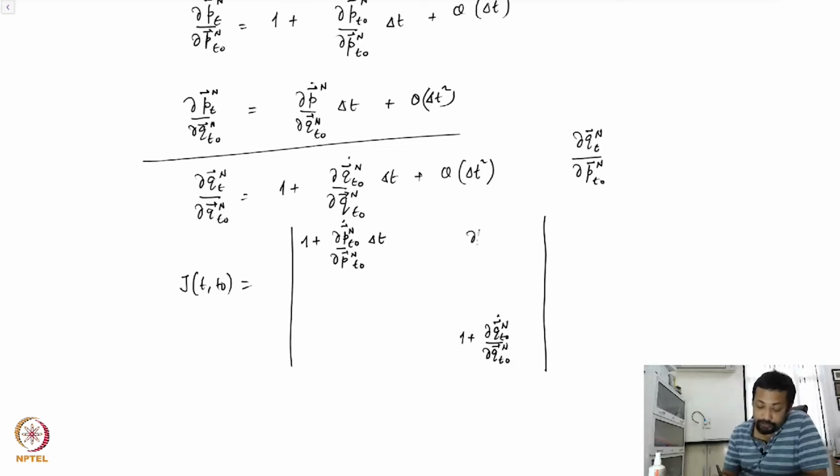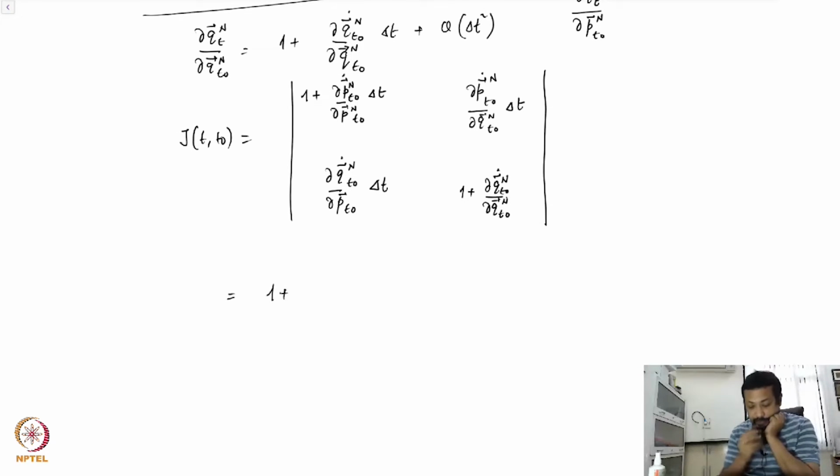The off-diagonal quantity is going to be ∂ṖN(t0)/∂QN(t0) times delta t, and this is going to be ∂Q̇N(t0)/∂PN(t0) delta t, correct?